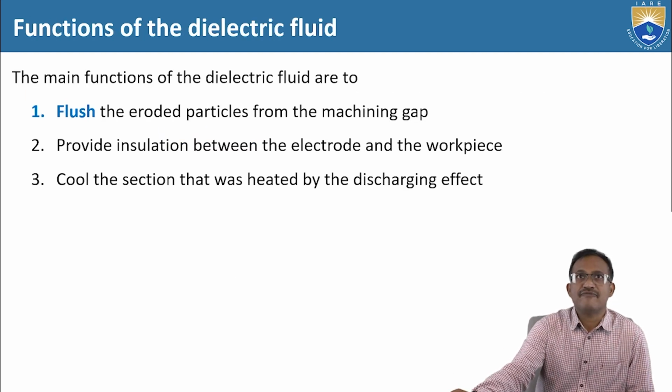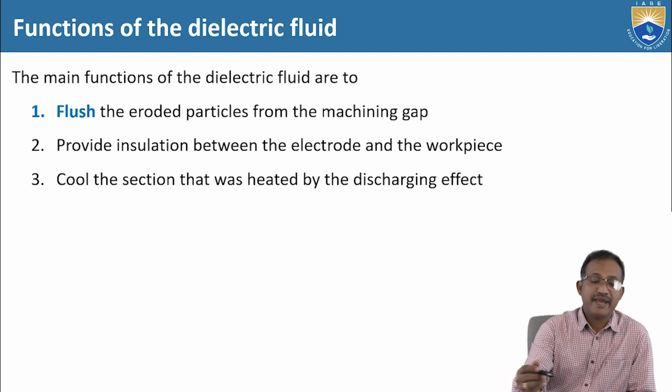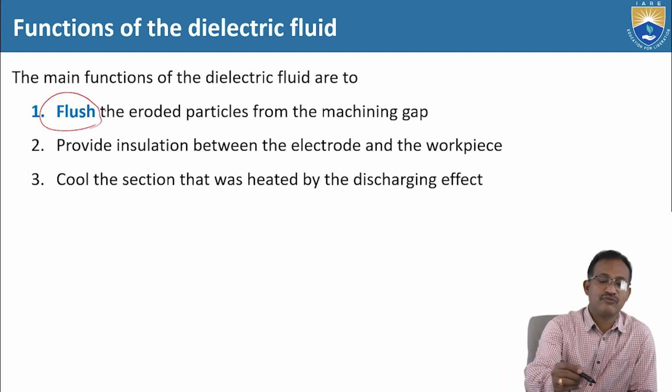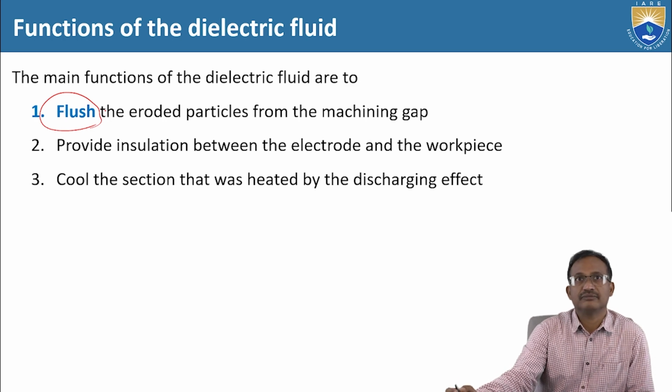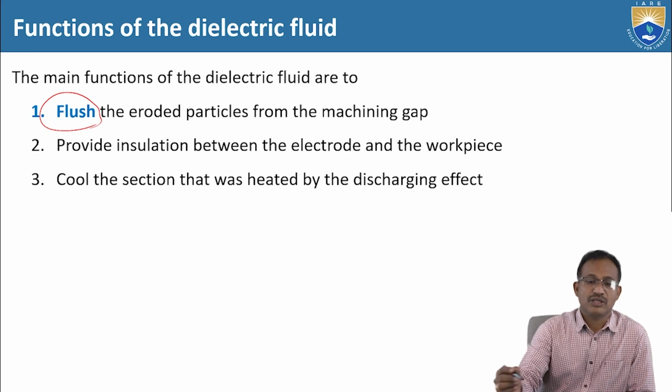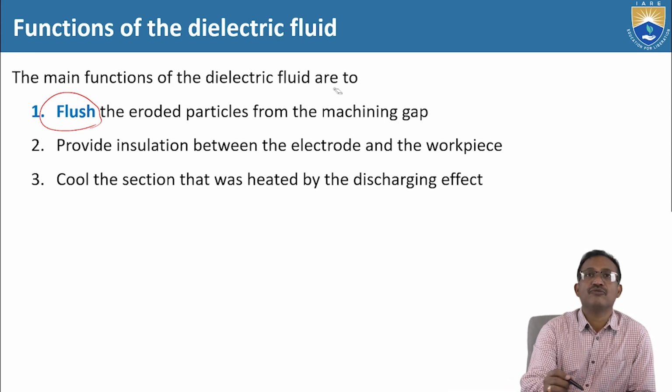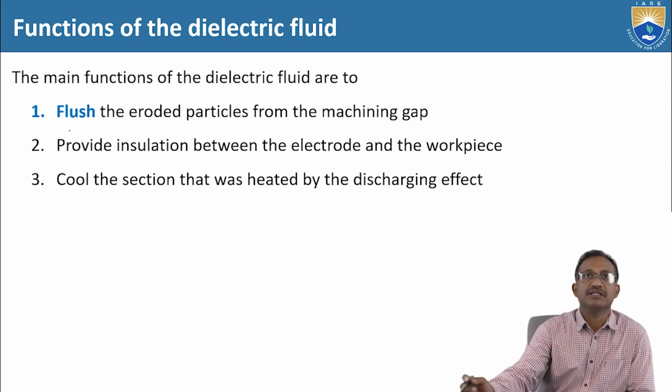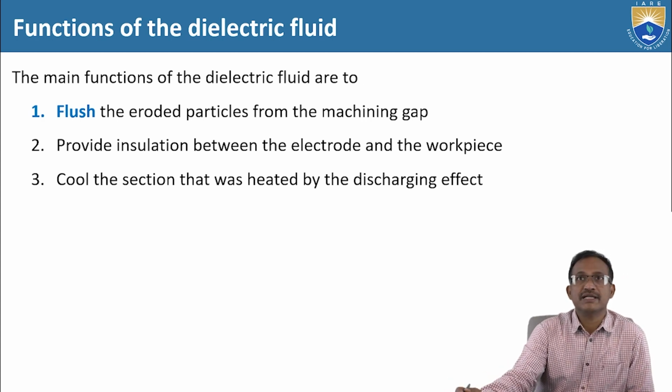Now let us see the functions of the dielectric fluid. The main function of the dielectric fluid is flushing. The importance of today's topic is flushing. First, flush the eroded particles from the machining gap.